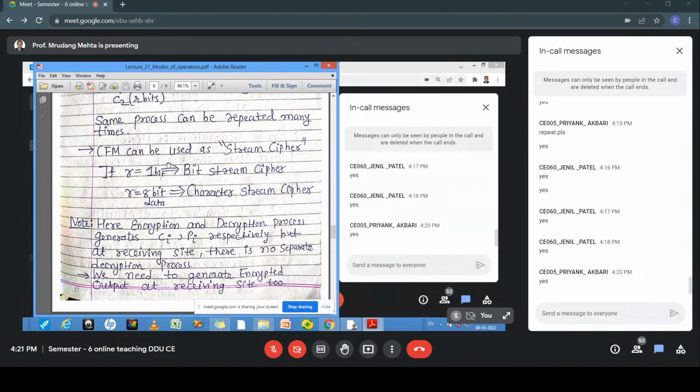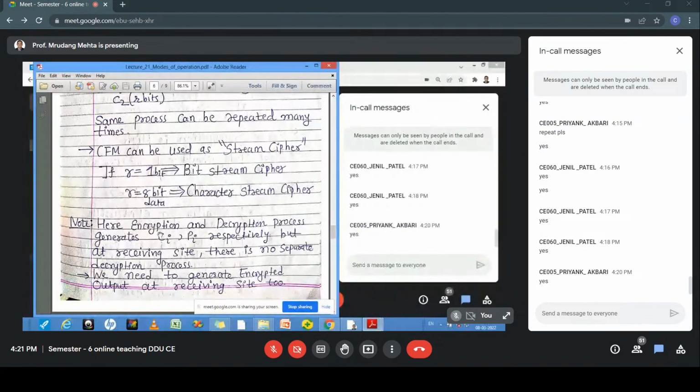If r equals 1, then it becomes a bit stream cipher. If r equals 8 bits of data, then it becomes a character stream cipher. We had already discussed in the initial lectures what a block cipher is and what a stream cipher is. So here we are talking about that stream cipher. This mode of operation is more suitable for stream cipher.